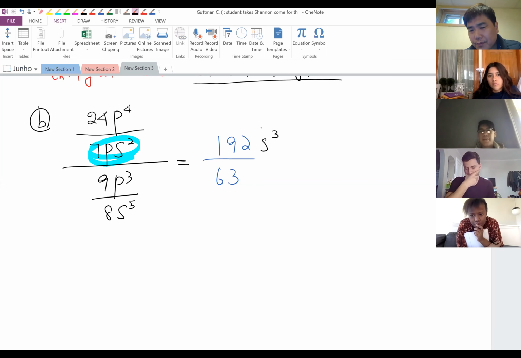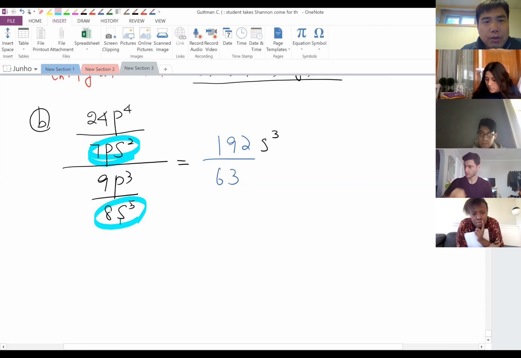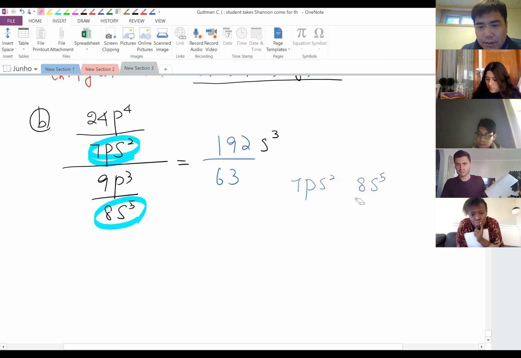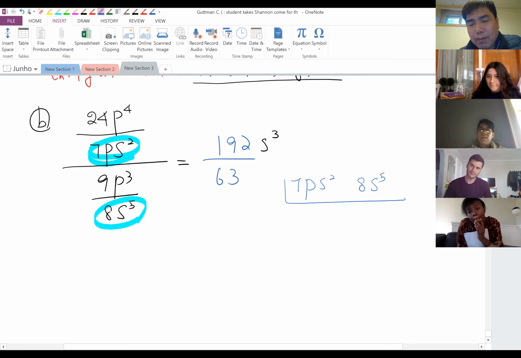It's fine. Because Heidi didn't get this answer, let's review anyway. So we take out 7p s squared and 8 s fifth. Between 7p s squared and 8 s fifth, what's the common factor? S squared.